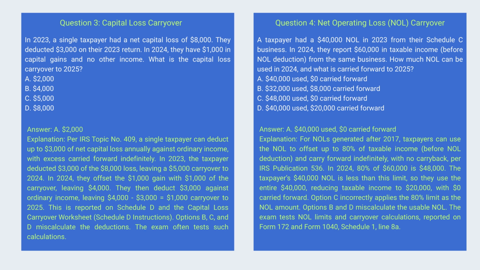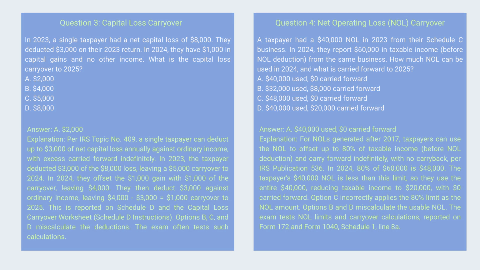The taxpayer's $40,000 NOL is less than this limit, so they use the entire $40,000, reducing taxable income to $20,000 with $0 carried forward. Option C incorrectly applies the 80% limit as the NOL amount. Options B and D miscalculate the usable NOL. The exam tests NOL limits and carryover calculations reported on Form 172 and Form 1040, Schedule 1, Line 8A.